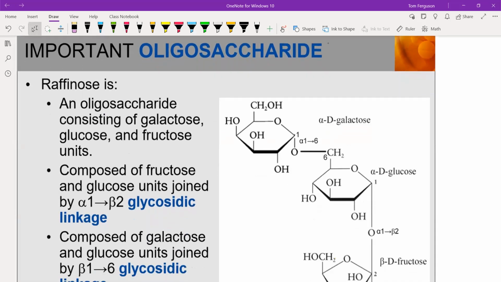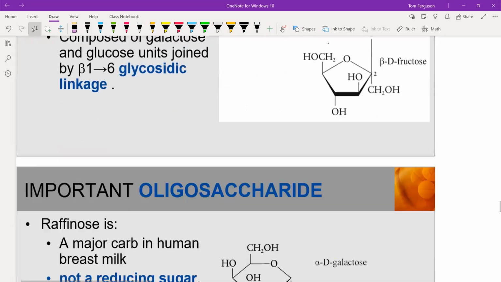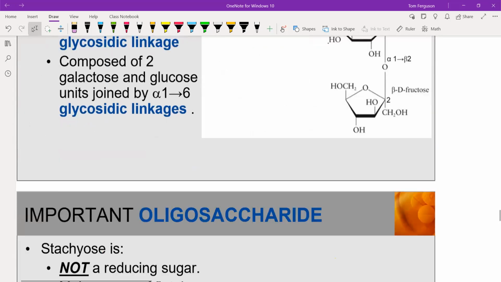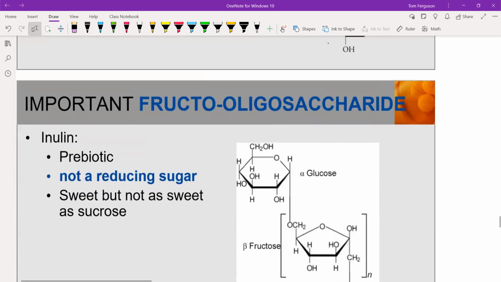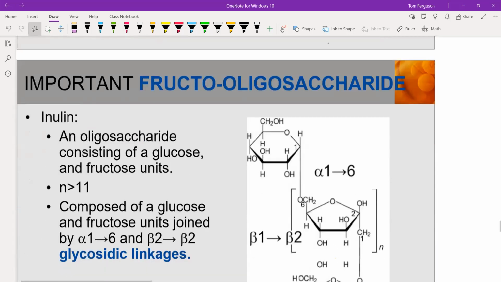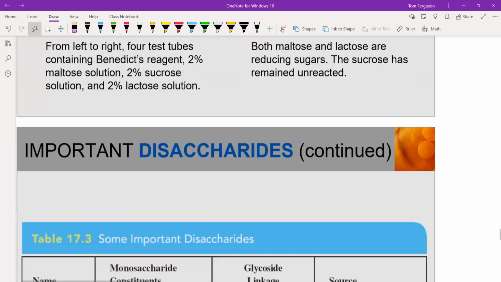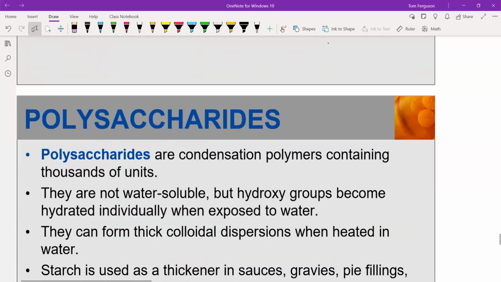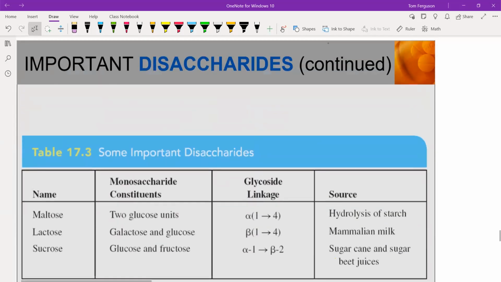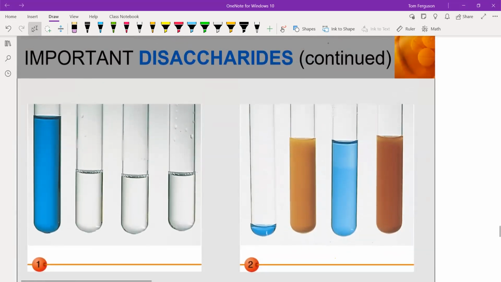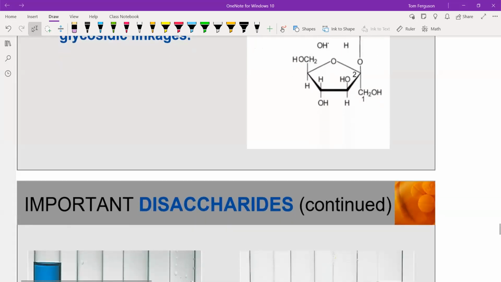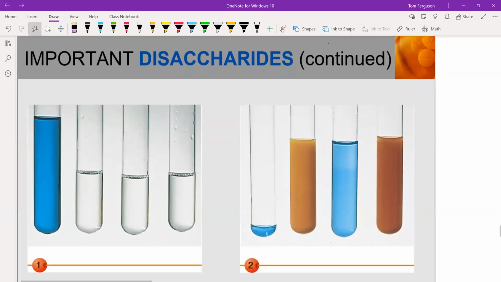Okay, so we have 2 more groups to go through. That's oligosaccharides. And we also have polysaccharides. Okay, so if we go here, we continue to look at the disaccharides.